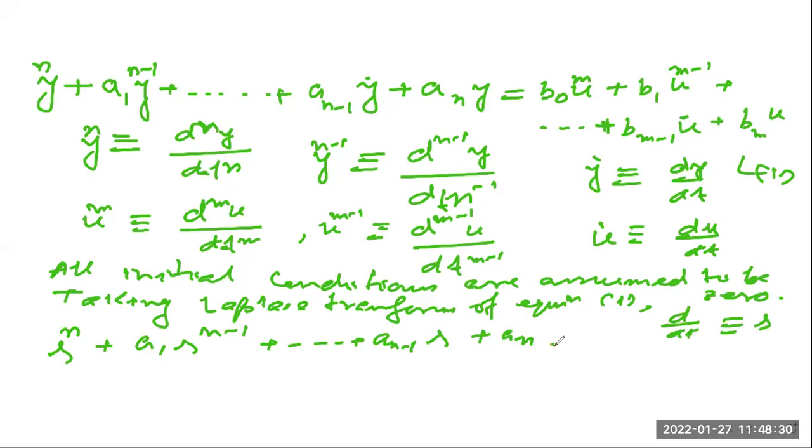Next, this will be b0 s to the power m plus b1 s to the power m minus 1 plus dot dot, b_(m-1) s plus b_m. So this is b_m. Yes or no?